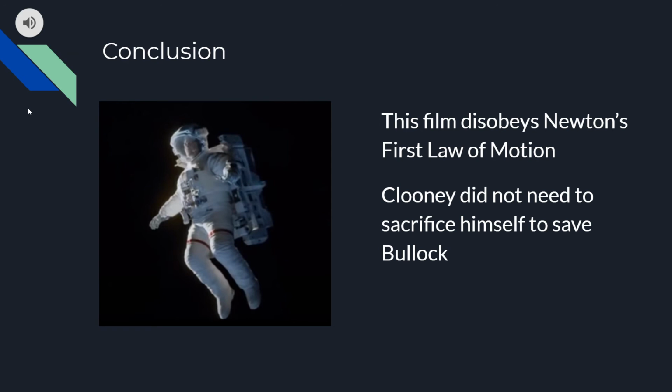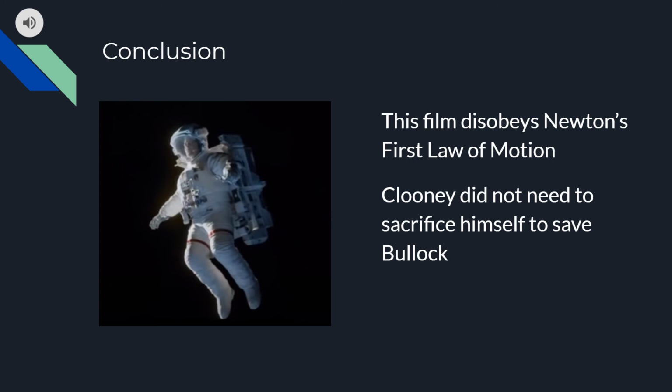Some extraneous information we want to include in this presentation is a possible solution for Clooney to not sacrifice himself. When he is shown grasping onto the tether, and assuming the film obeys physics and that there is no force pushing him outwards, he could create a force that would pull himself towards Bullock by tugging on the tether.